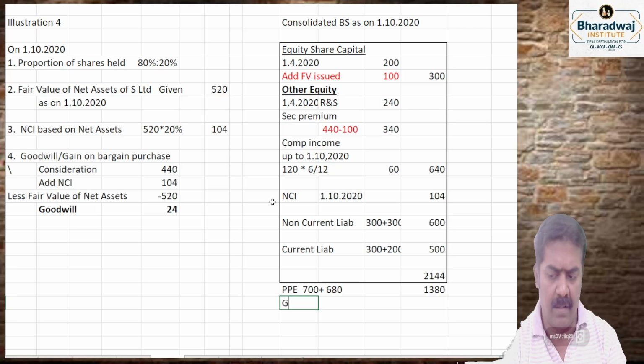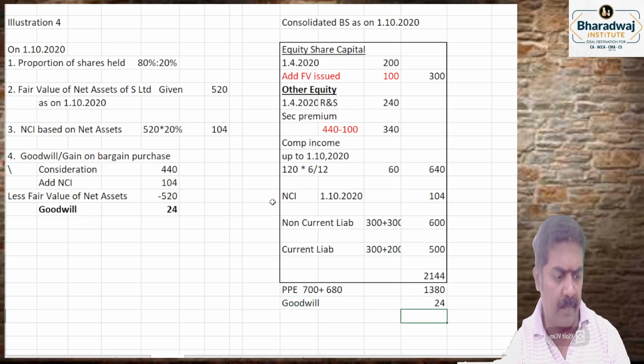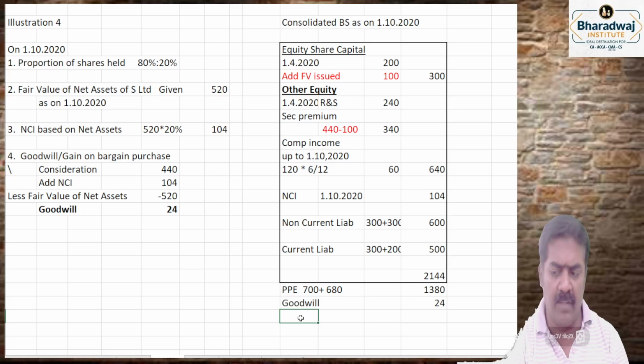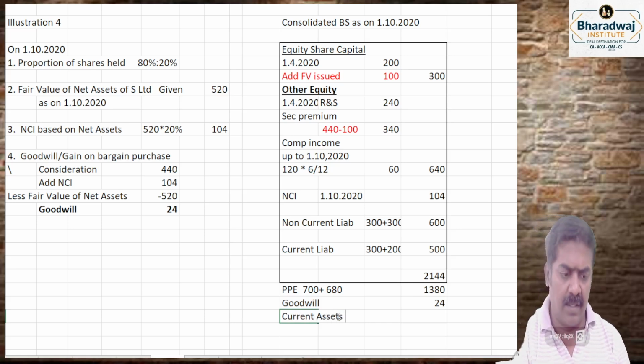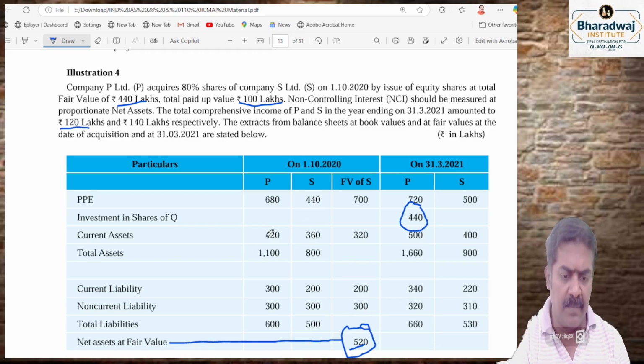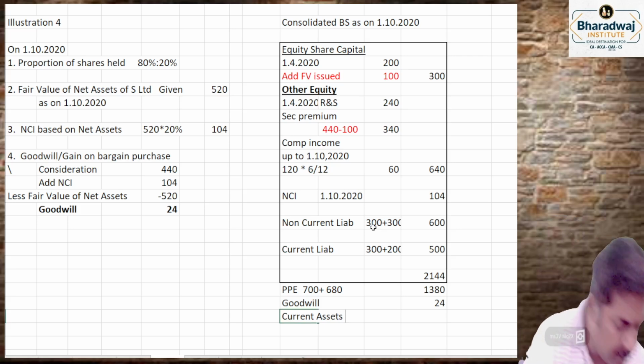Then goodwill: 24 goodwill will come. Then current assets. What is the current asset value? 420 plus 320, fair value.